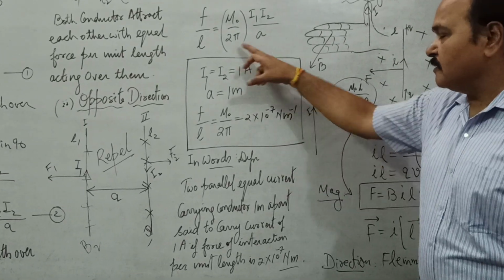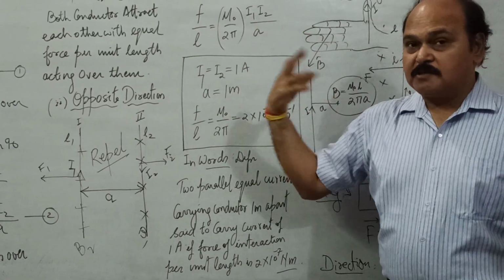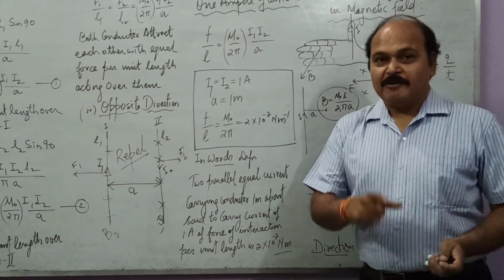So you can write down these mathematical statements in words and you have the definition of 1 ampere of current.